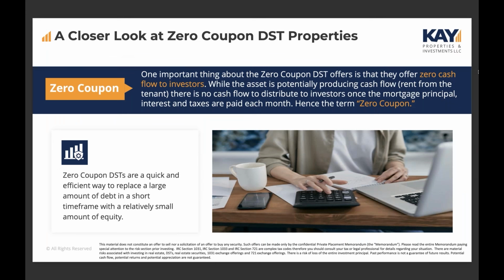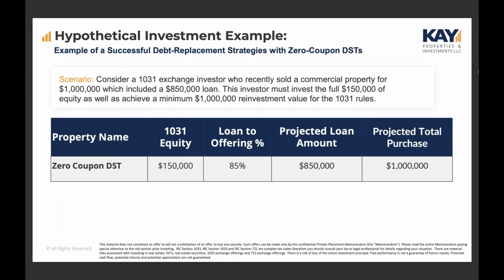I can almost guarantee, outside of a handful of investors that have access to great financing, none of us can find an 85% loan to value offering or an investment outside of the DST world. It just is very difficult. And one of the large institutional groups we work with, they have access to this high debt because of the size they are, the bonds they float, et cetera, to make this work.